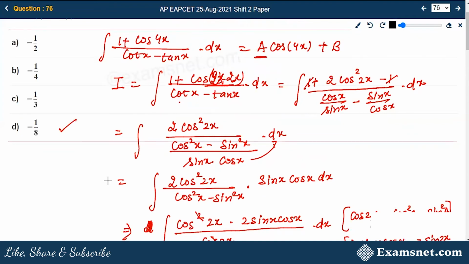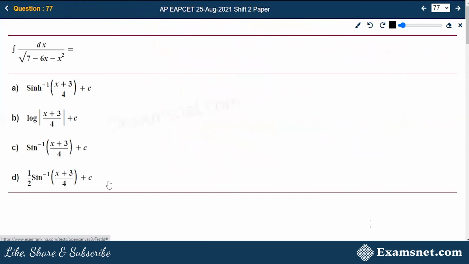Next question, question number 77. Integral of dx upon under root of 7 minus 6x minus x square. See, there is a possibility I can make a perfect square in the denominator.